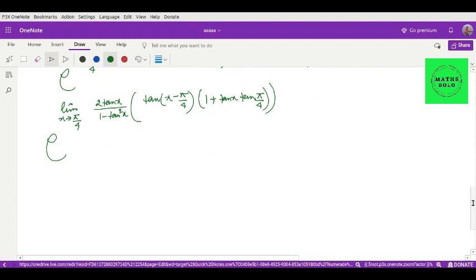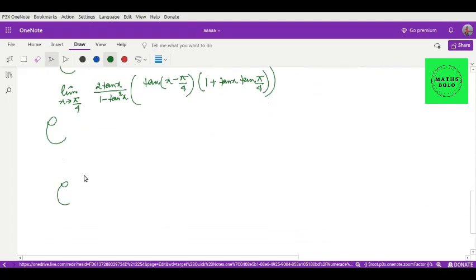So further this is equal to e to the power limit x tending to pi upon 4, and this is 2 tan x over 1 plus tan x into 1 minus tan x into this is tan x minus 1.